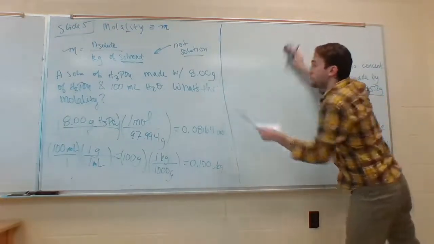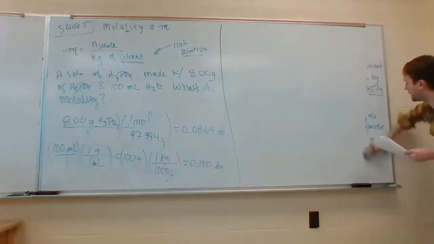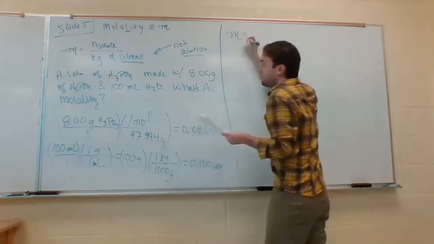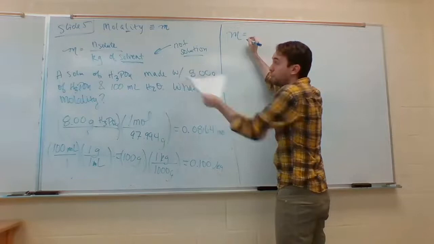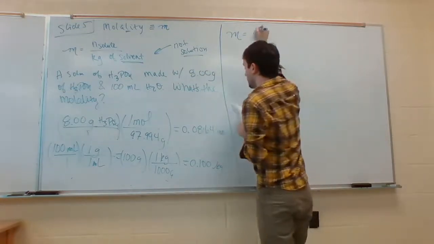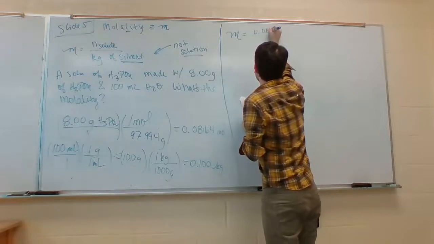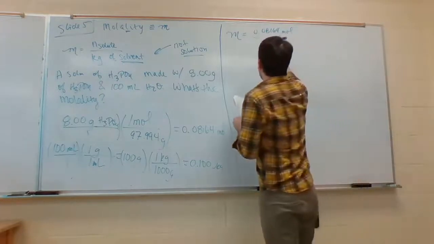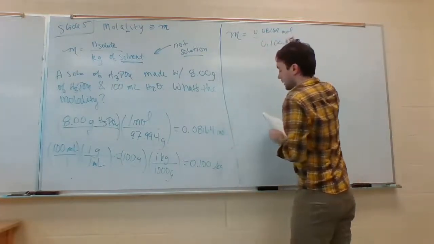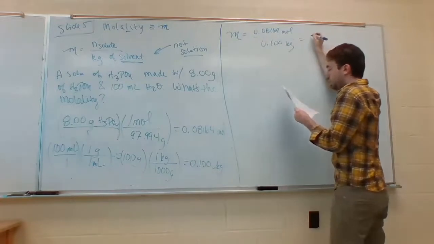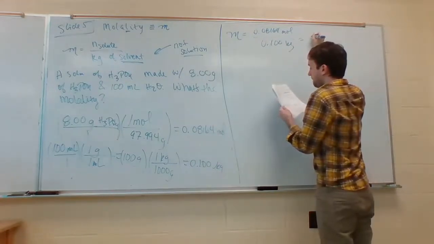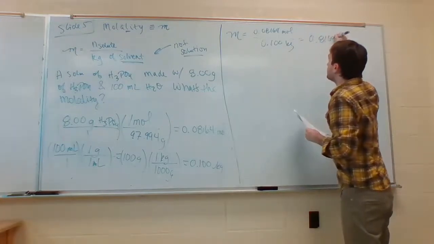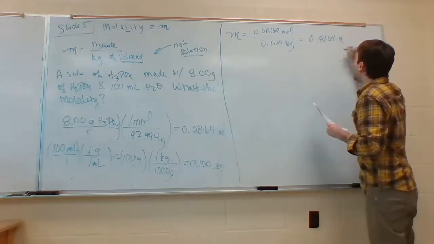We are now ready to evaluate our molality expression. Our molality, little m, is equal to our moles of solute over our kilograms of solvent. Our moles of solute was 0.08164 moles, all over 0.100 kilograms, which is equal to 0.8164 molal.